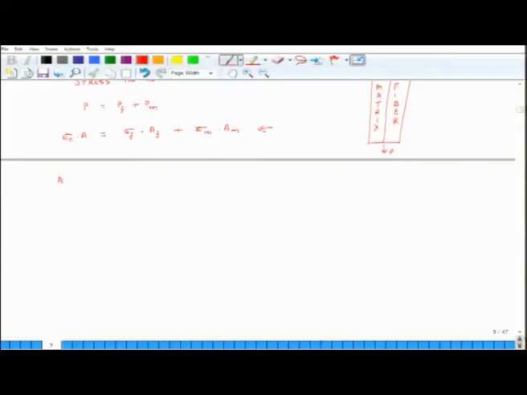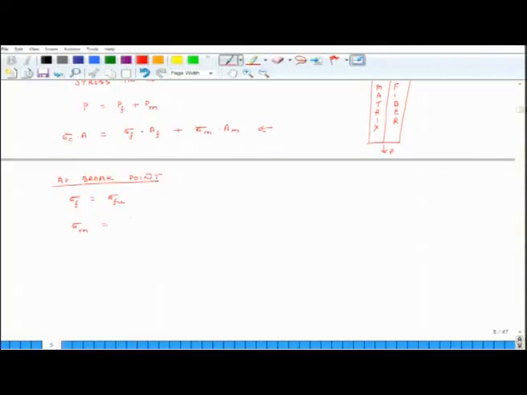At break point, what is the value of sigma F? Sigma F will be sigma Fu. What is the value of sigma M?